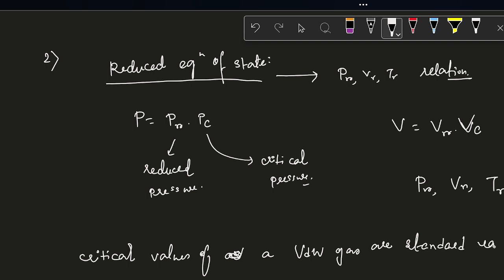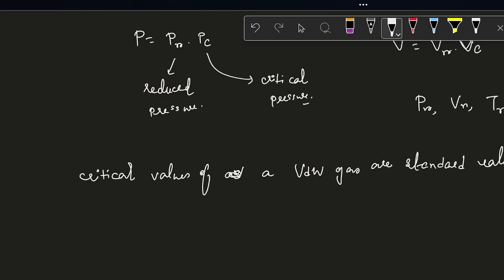That is also mentioned in the next question, where you have to calculate some critical pressure value, I think. There is a particular value assigned for critical pressure, critical volume or critical temperature, and those are standard values for any van der Waals gas. So you can take them as standard constants, because they are not changing.